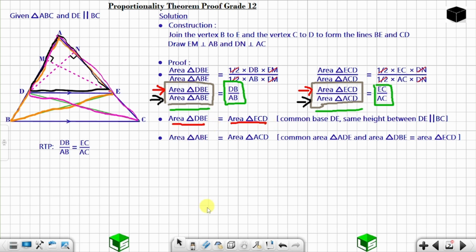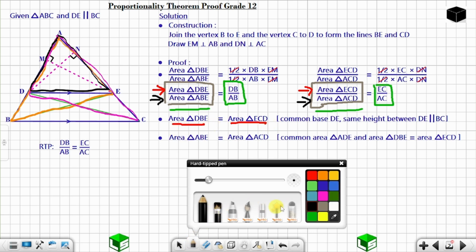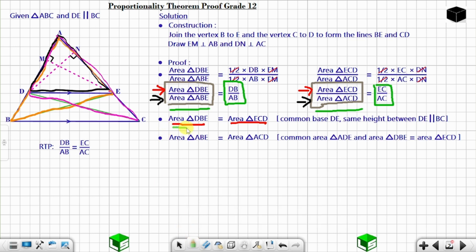The bottom areas are also equal. This is proven.